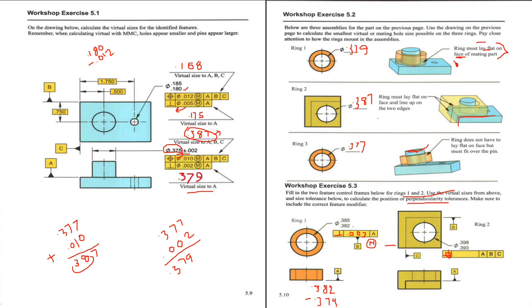So first is the symbol of the position, and the MMC for this ring is 0.393, and the MMC of the pin with its positioning tolerance is here 0.387, and we will subtract 0.387, and we get 0.006. So this is the position tolerance here.